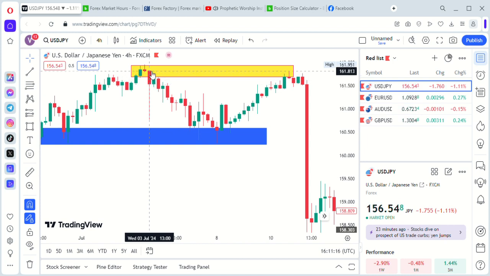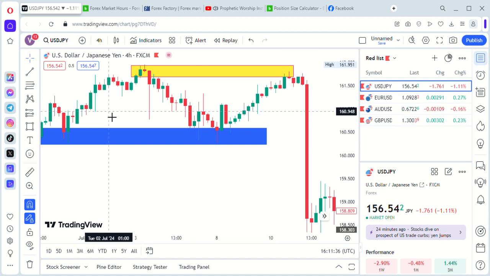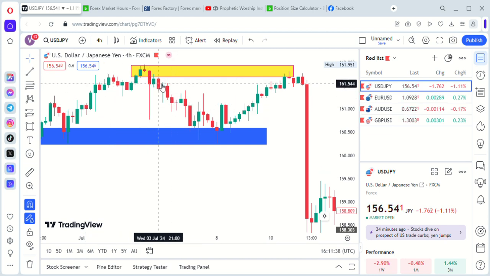After this pullback, this touch here, though I'm not supposed to consider this as a pullback, I entered with this, then I was out somewhere here. Sorry for the noise. But I should have waited for it to come down, then we test, then I enter with the retest. That is how to use the order block.